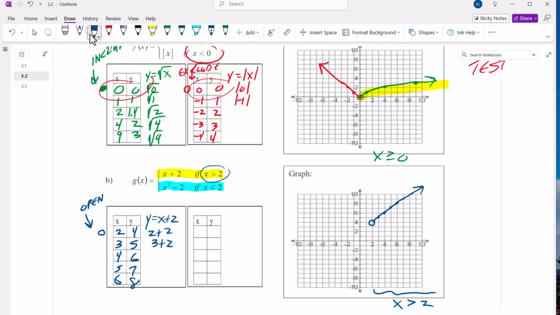Second part, we're going to graph y equals x squared minus 2. So use 2. Make a note to yourself to include that. Then pick numbers smaller than 2, like 1, 0, -1, -2, and so forth. Plug it in and calculate carefully.